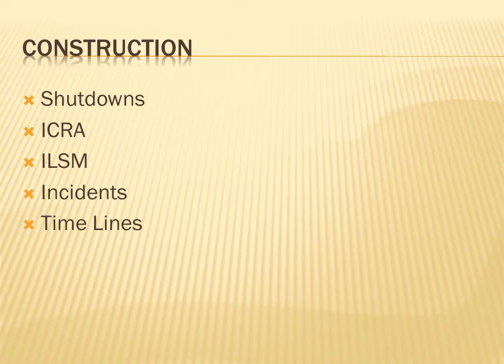Construction, again, whether you do this separately or include this as part of your facilities report, shutdowns should be reported, infection control risk assessments, interim life safety measures, those should and need to be reported, incidents that happen during construction. And I put timelines. It's always good because some projects can last obviously months and months and months, and in some cases they could last years, although that's a little bit unusual.